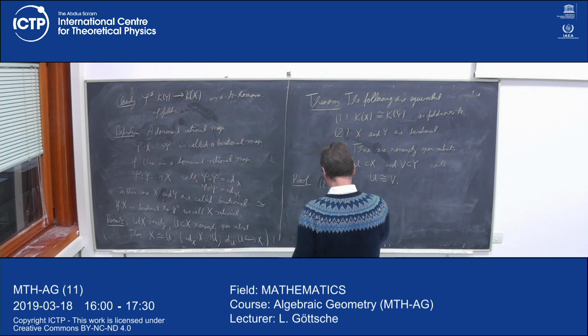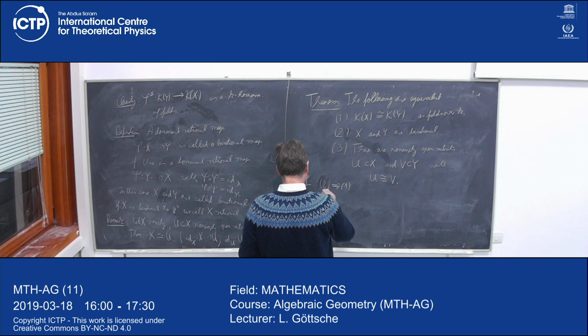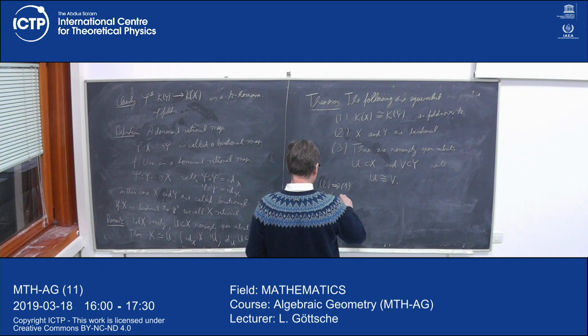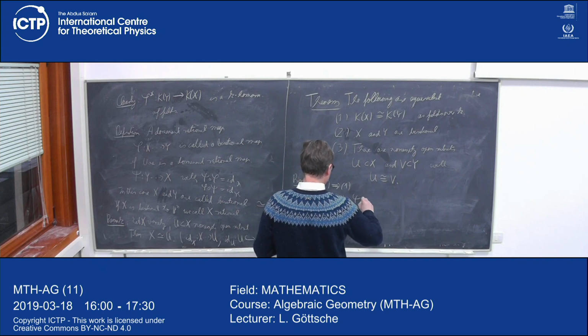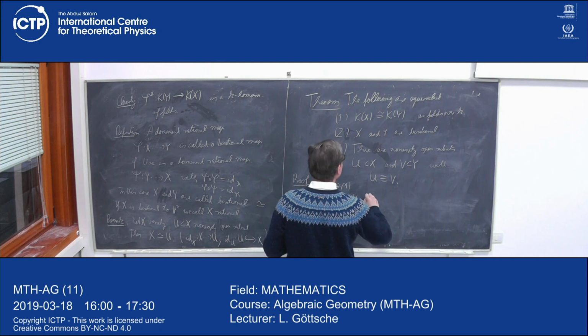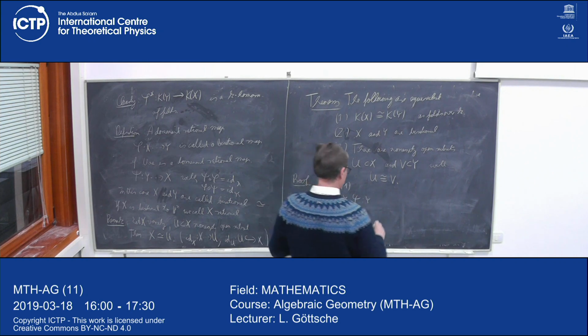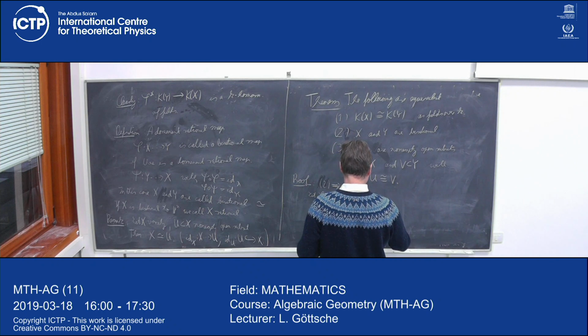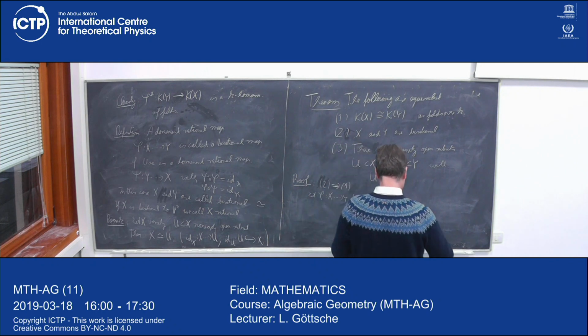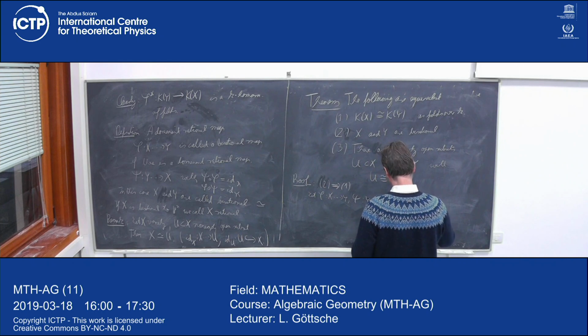So let phi from X to Y, and psi from Y to X, its inverse, be dominant rational maps.